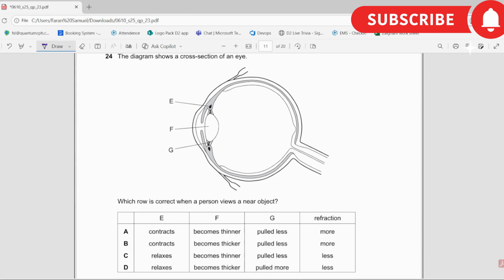The structure of the eye is given. So you are looking at near objects. What would happen to these organs? What will happen to the lens? Let's talk about the lens first. Thicker. Now tell me the response of the suspensory ligaments and the ciliary muscles.